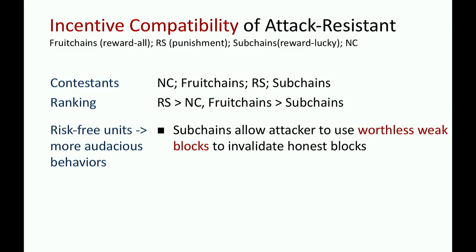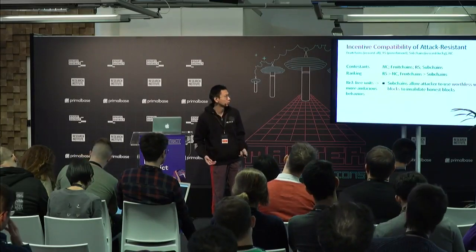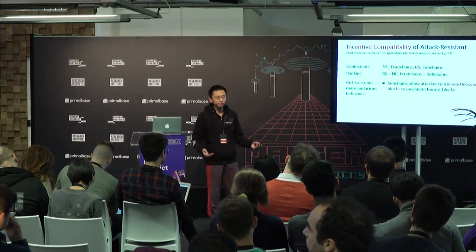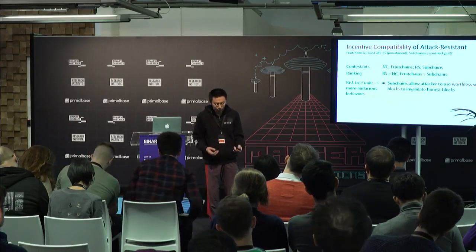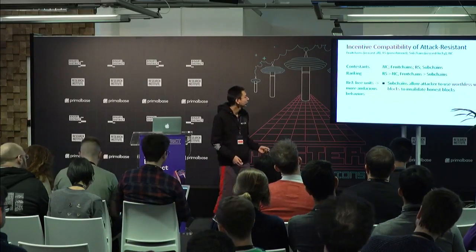So if everything is valuable, it is risky for the attacker to withhold blocks. But because weak blocks are worthless, withholding them costs nothing. Actually, the attacker can withhold these weak blocks without any risk of losing block rewards. If it is risk-free, then why not try more audacious block withholding behavior?